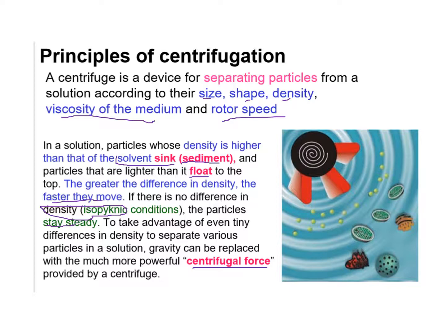And so that's why we're doing centrifugation, is we need to apply a centrifugal force. Gravity will not work, okay, because if you remember back to the chart, there was a lot of overlap in some of these materials in density. So centrifugation, applying a centrifugal force, allows us to separate the components of a cell.